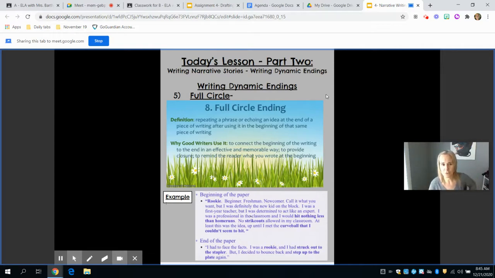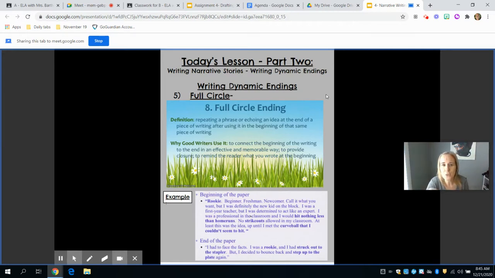Okay, it's kind of like the signpost that we learned about in the beginning of the year, where an author is repeating something, but it has a purpose to it. So you as the author would say something in the beginning that you're also going to repeat at the end, almost to sandwich your story and to show that whatever you're saying is important.